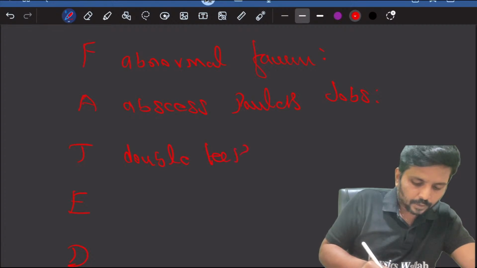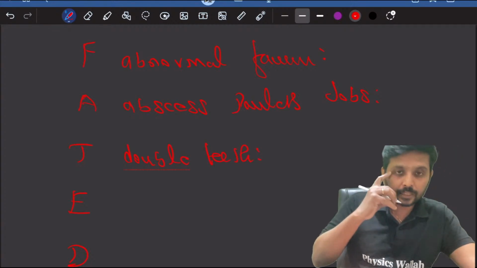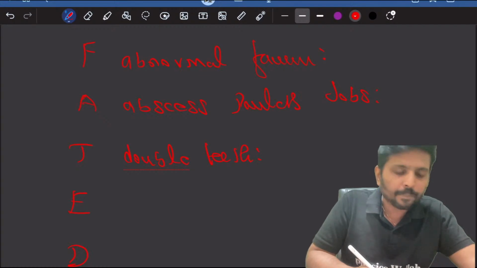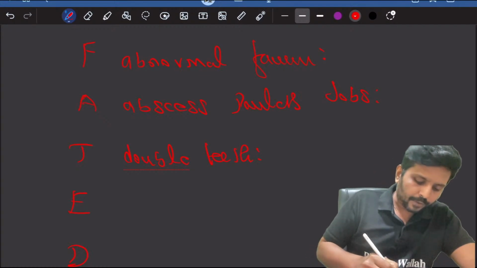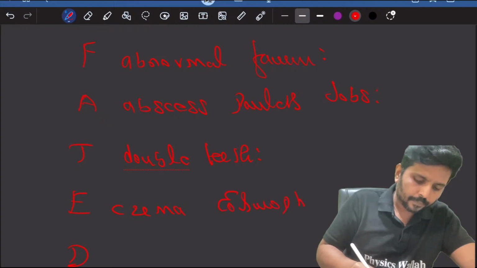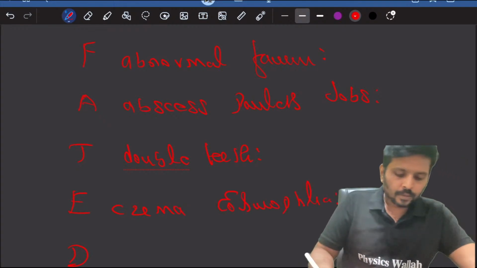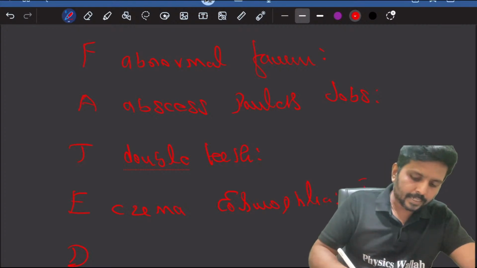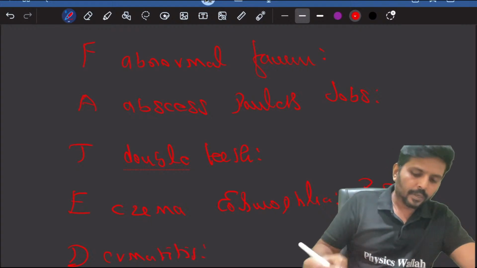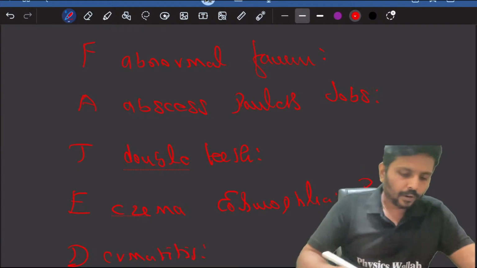Both temporary teeth and permanent teeth will be present. E stands for eczema. E stands for eosinophilia. And then E stands for hyper IgE. D again dermatitis.